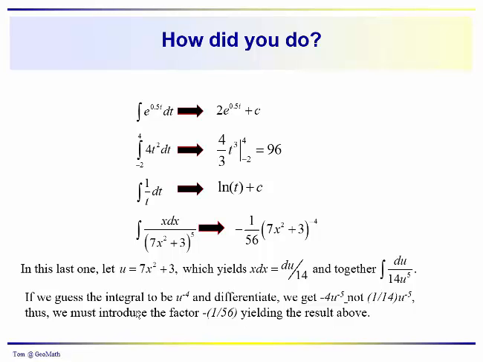So we have to introduce a factor of -1/56 to get this result. That's going to cancel the negative sign. 4 over 56 is going to give us 1 over 14. And we're home free.